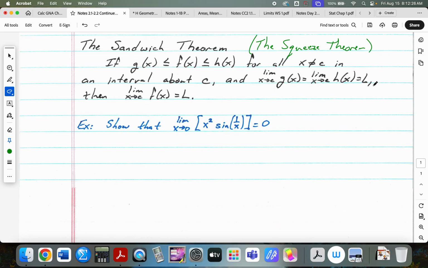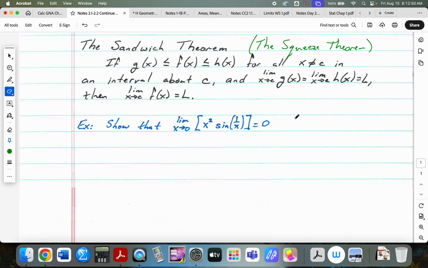So what it says is if we have a function f of x that is always greater than or equal to g of x, but less than or equal to h of x, for all x not equal to c, because, again, we're going to be doing a limit, and we don't care what happens at c.